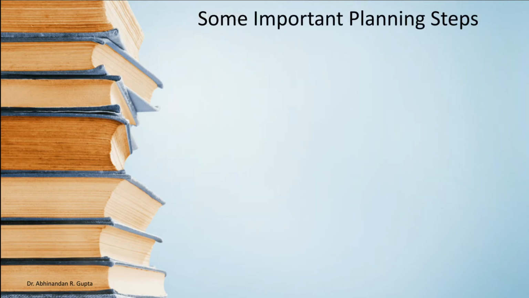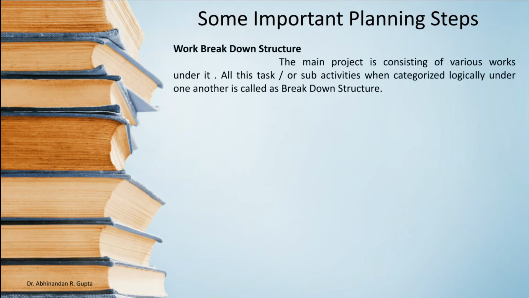Some important planning steps. What do we mean by work breakdown structure? Any project consists of various activities, and all these activities, meaning work, consist of sub-activities. The proper grouping in a logical sequence is called the work breakdown structure. Again, a small example: if you want to do construction, we divide the construction work into two parts, substructure and superstructure. Sub means below ground level and superstructure means above ground level.